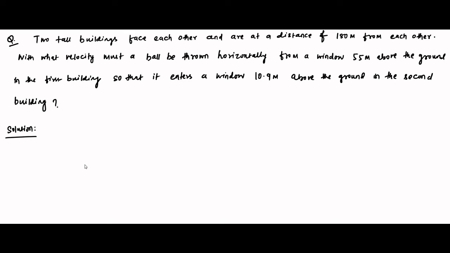So now let us first try to understand the whole situation by drawing the diagram. Here the height of the building is not mentioned. We have, let's say, one building like this.